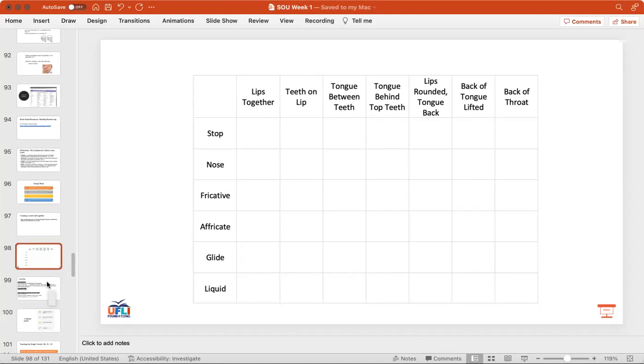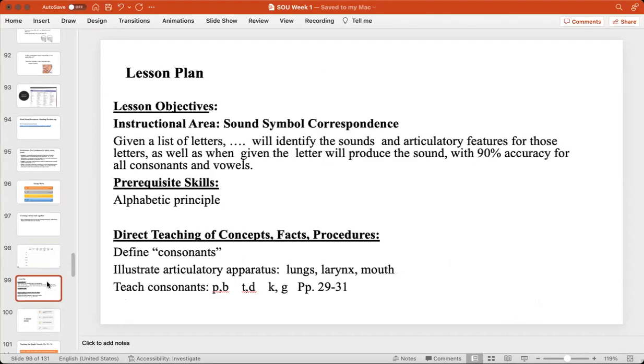So one of the things that I do with all of my students is I have goals for them to work from. And we have the Common Core standards that say, in first grade, a student needs to learn all of the consonants and all of the vowels and the most frequent spellings.